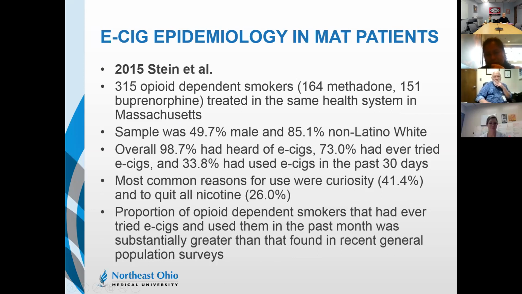The most common reason that the folks in this program used e-cigarettes were curiosity at 41%, and to quit all nicotine at 26%. And so the proportion of the opioid-dependent smokers that had ever tried e-cigarettes and used them in the past month was just substantially greater than that found in recent general population surveys.